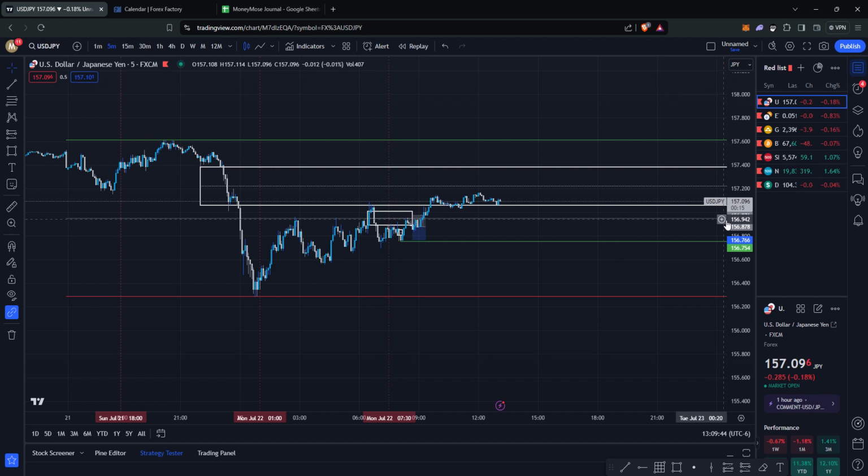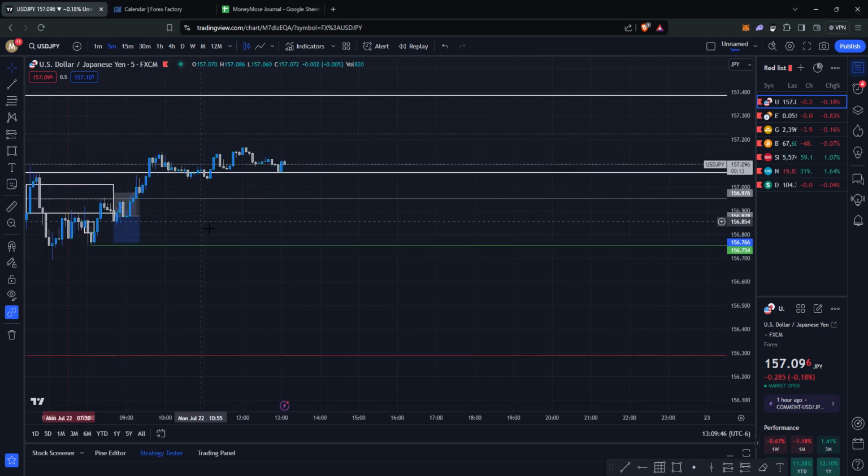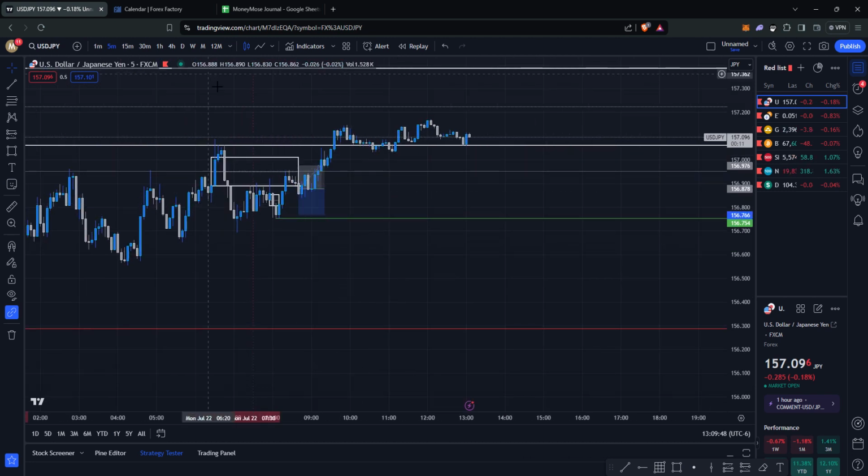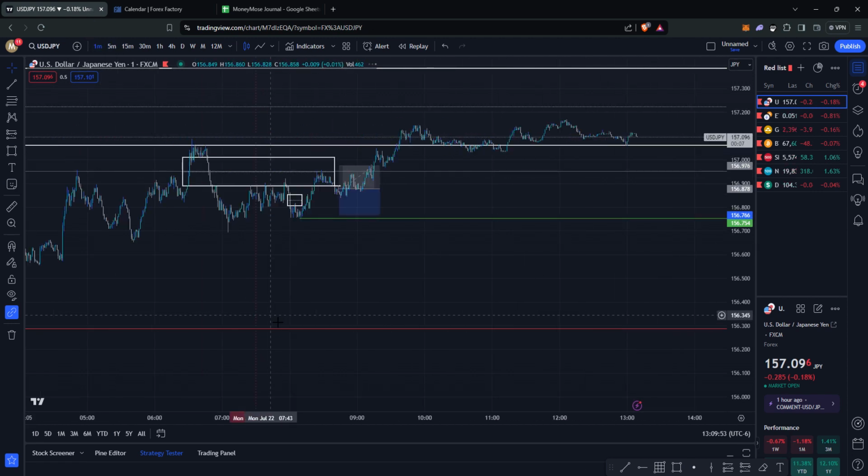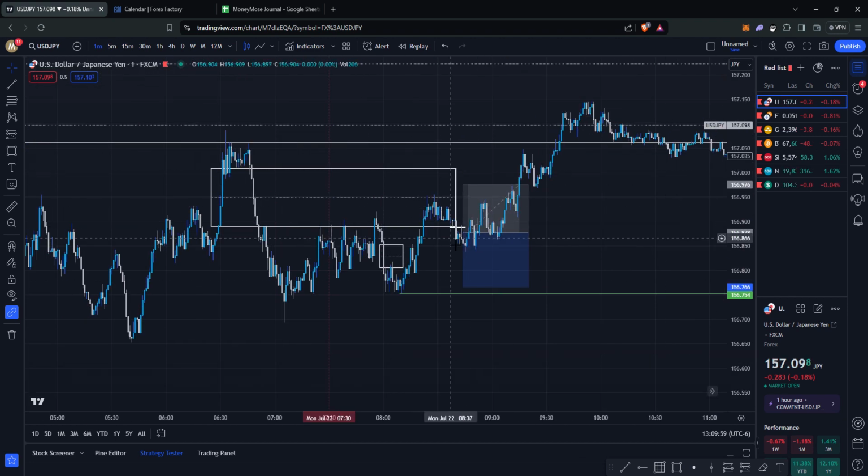But yeah, I saw this 5-minute inversion fair value gap. So I thought, hey, once we come up here, I scaled down to the 1-minute time frame, once we halfway filled this fair value gap in this inversion.